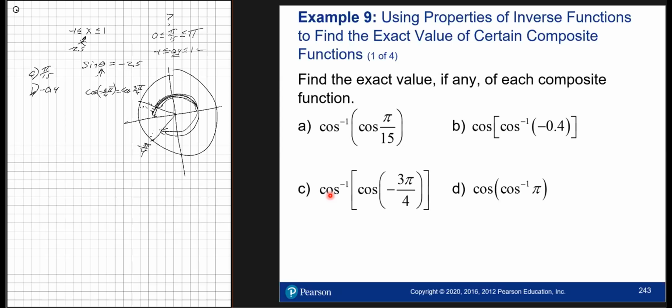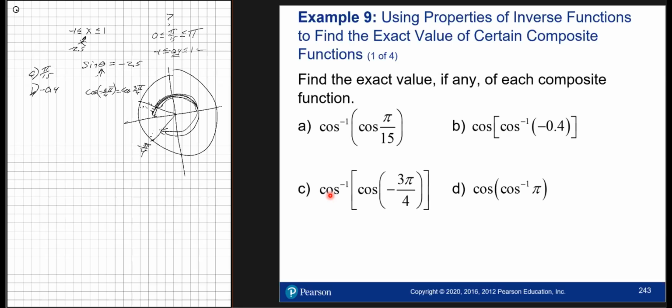So letter A, they got the same thing as I did. And it's just straight from the property 5A. Letter B is the property 5B. And so it's just the argument. And 3 pi over 4 is not in the interval, but 3 pi over 4 is, and it has the same cosine as negative 3 pi over 4.